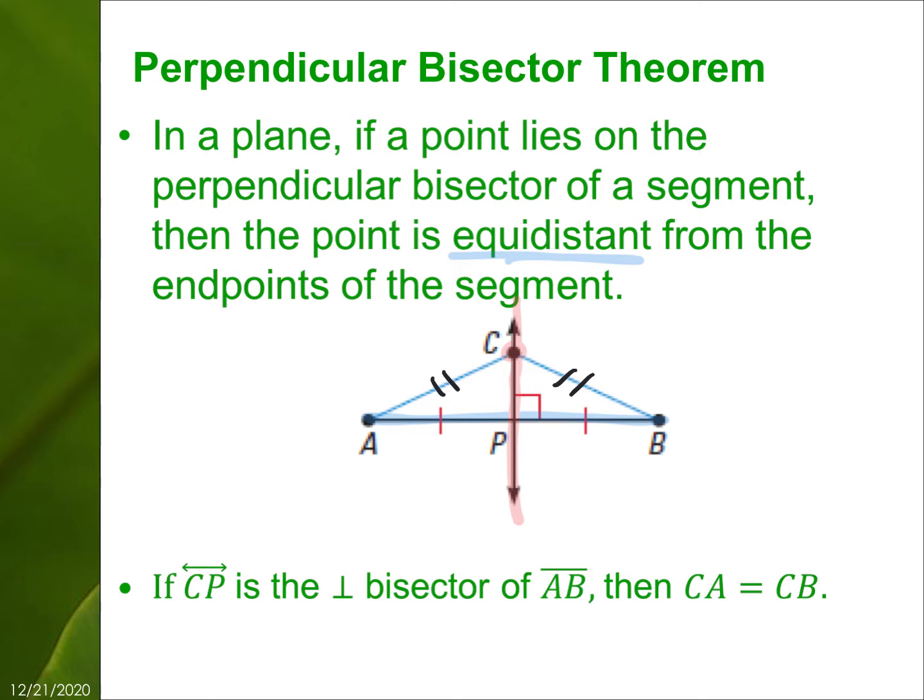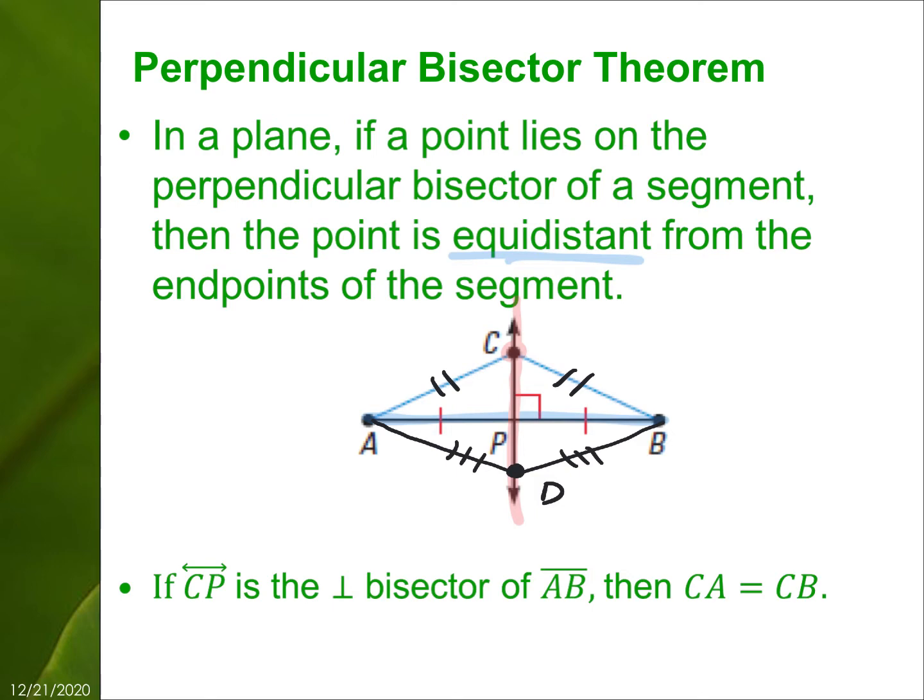Now, if I added another point that was also located on the perpendicular bisector, and let's say I call this point D, I could put it here. And then if I draw the segments straight to the endpoints of the segment, I know that these segments that I just drew from D to A and D to B are also going to be congruent because of my perpendicular bisector theorem.